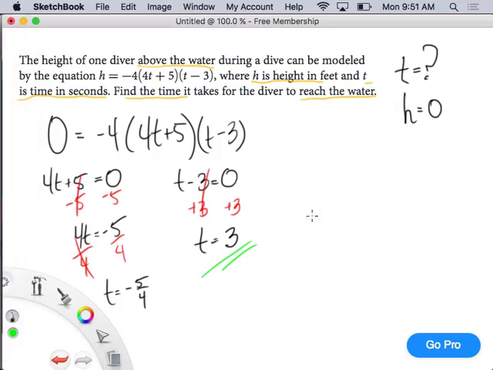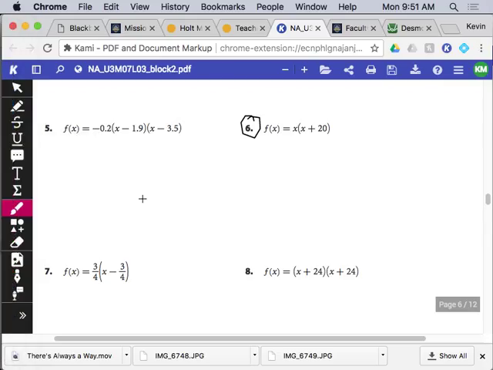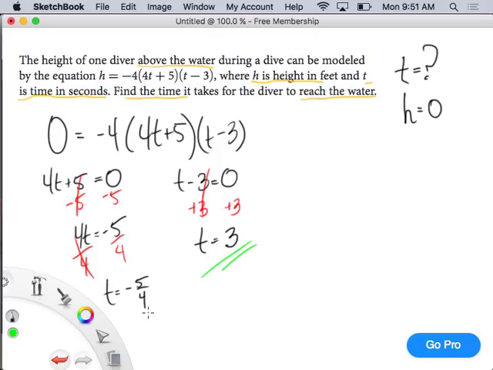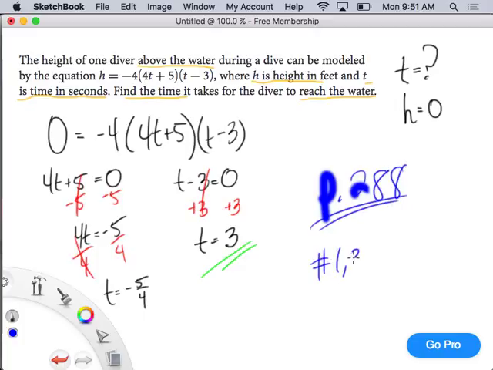I'll write it down. It's page 288. Page number 288. Numbers 1, 3, 6, 9, 14, and 15.